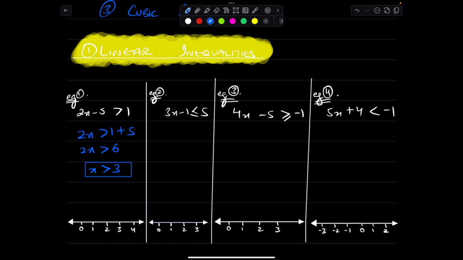Similarly, in the second example, we'll take 1 on the other side. So we have 5 plus 1 and 3x is less than equals to 6 and x is less than equals to 2.